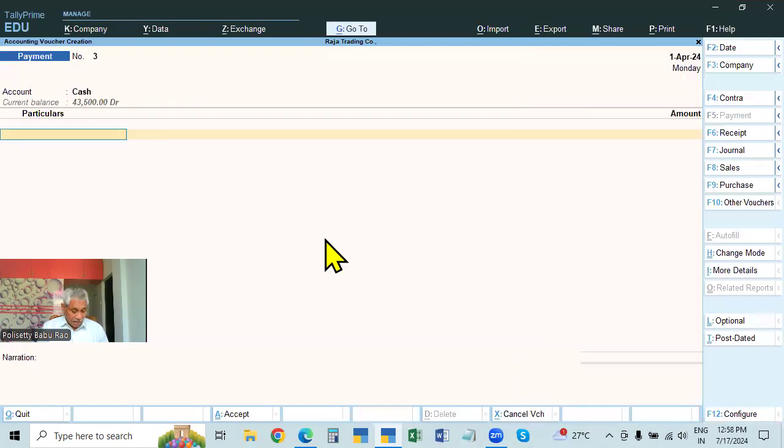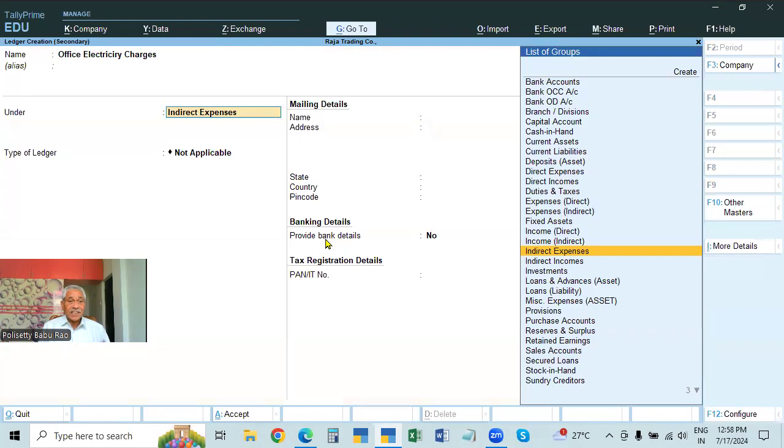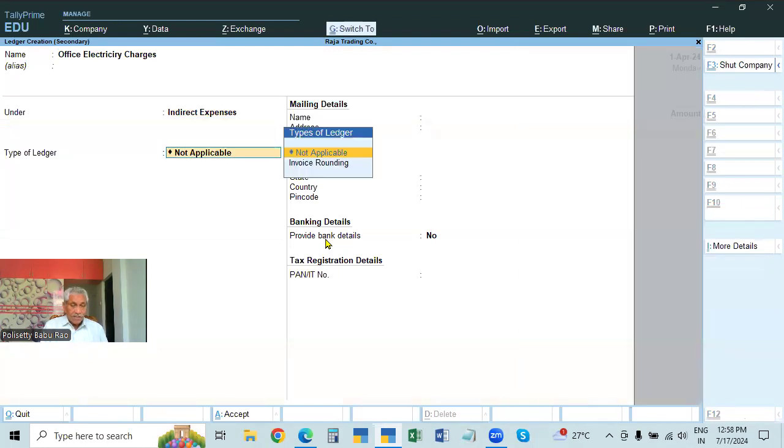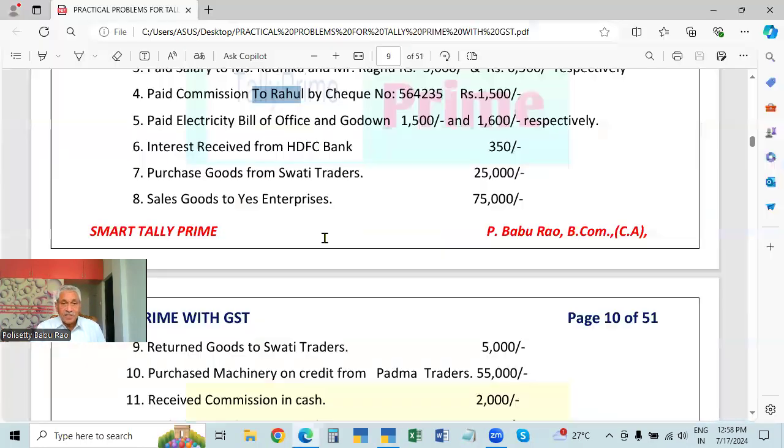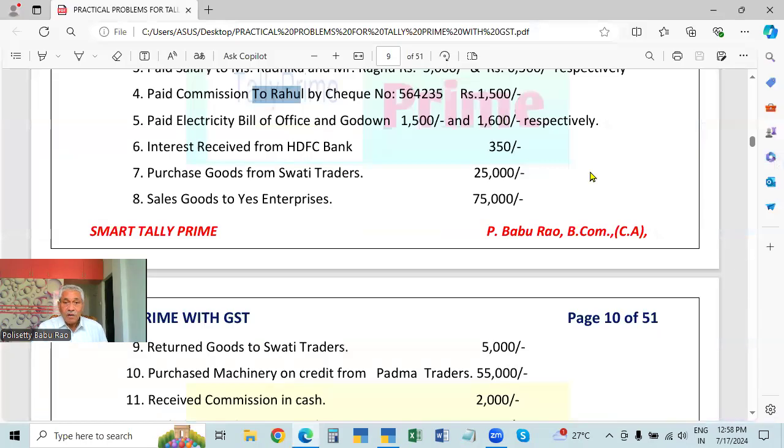Cash we are paying, and here we have to create office electricity charges. Office means indirect expenses, so it is indirect. Office electricity charges, how much? 1,500 rupees. And then the second one, godown.